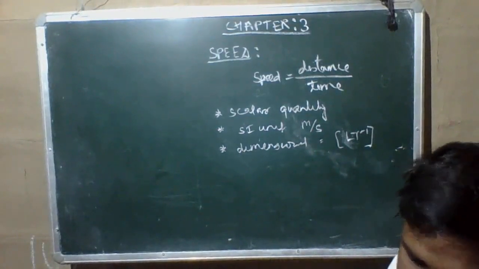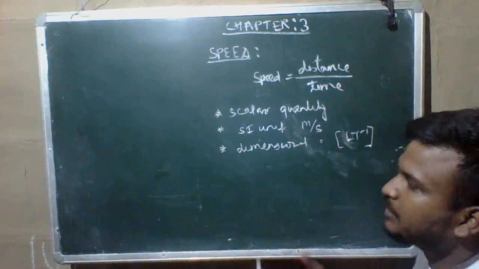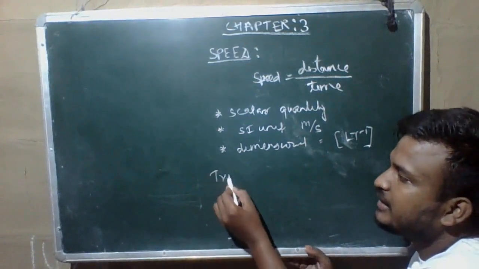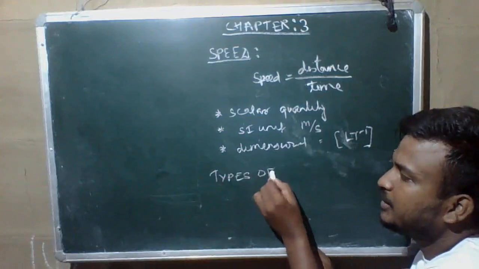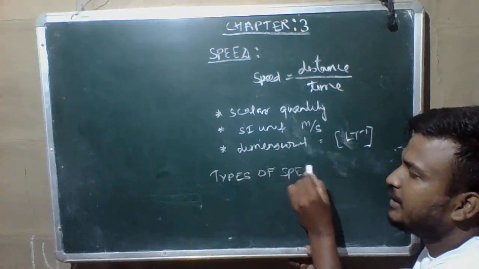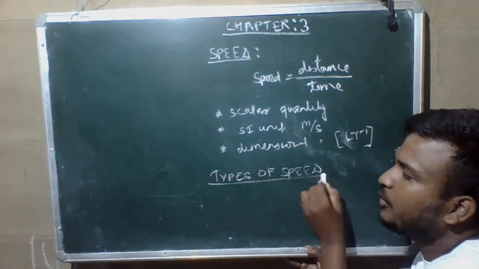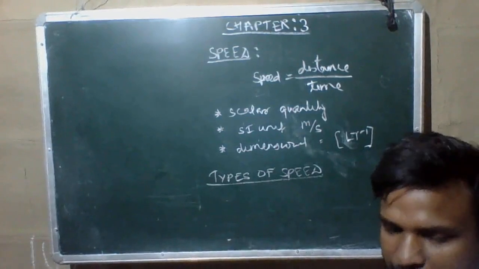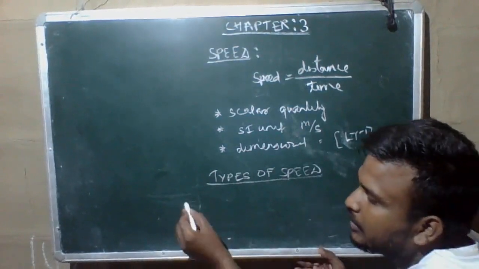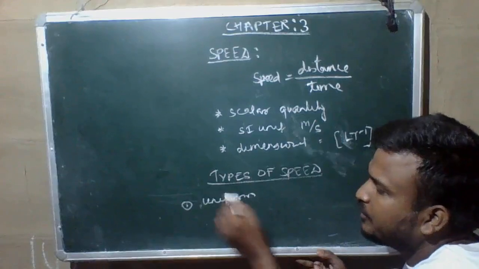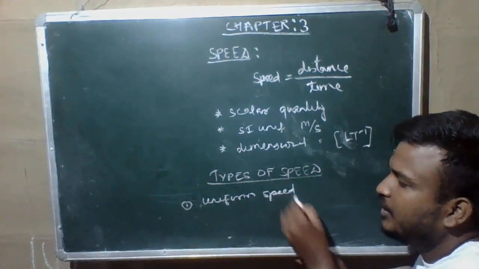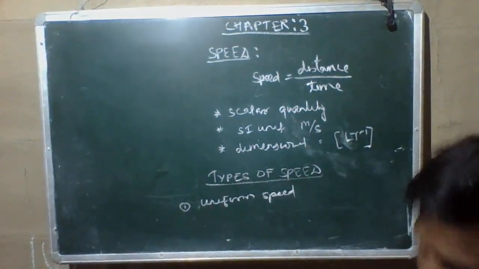Now let us see a little bit about types of speed. Basically here we are going to study four types of speed. Number one is uniform speed. What is the meaning of uniform speed?